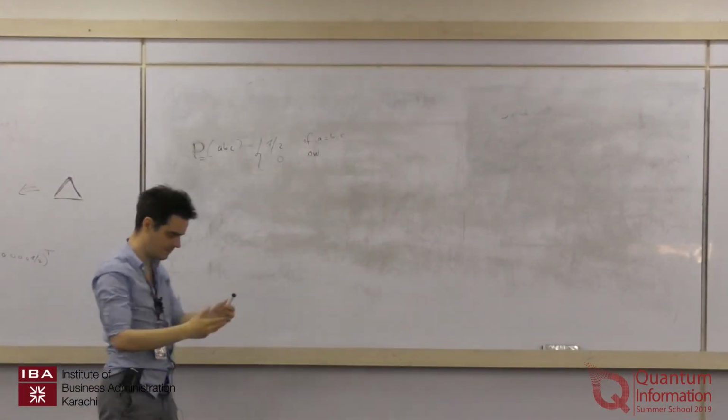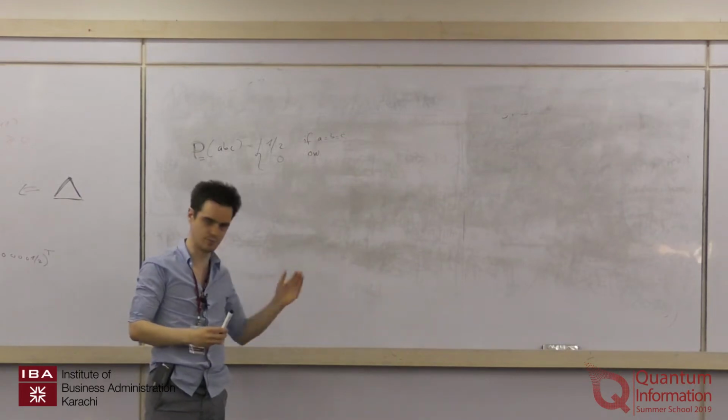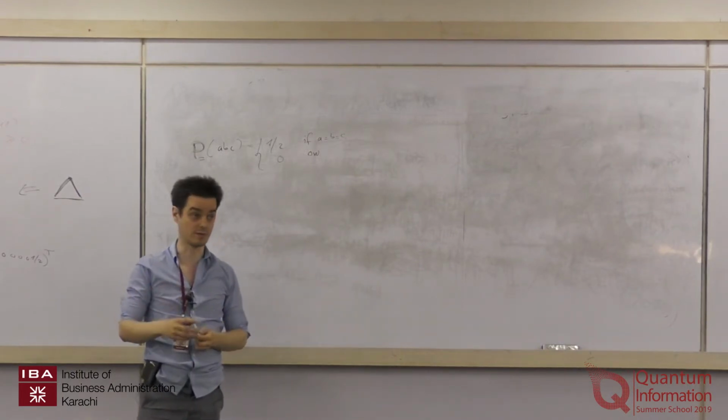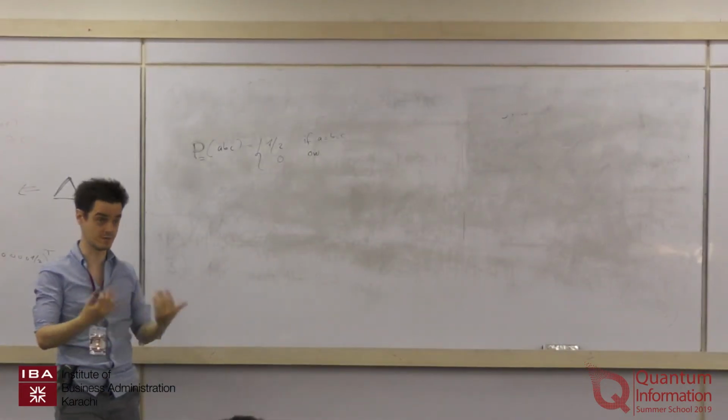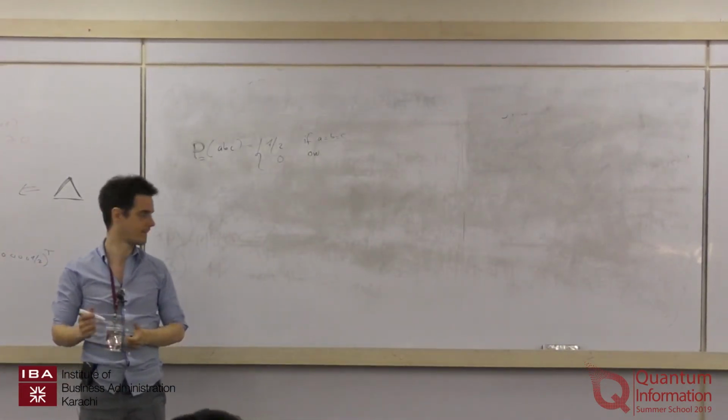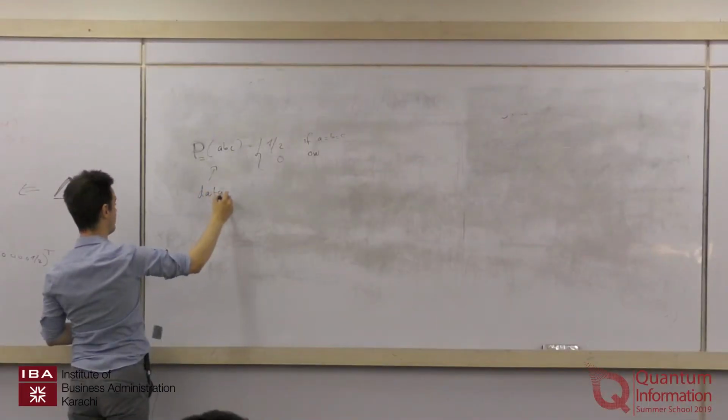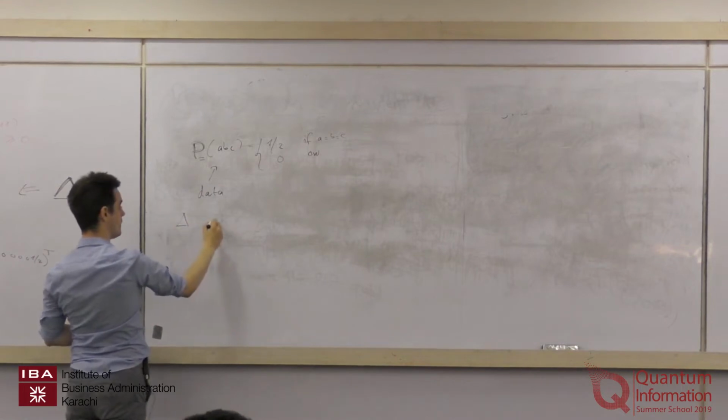Just before I start with the proof, I had a question or a remark just before lunch about a causal explanation of observed correlations. What's really important is that this is observed data, and this triangle is a model.